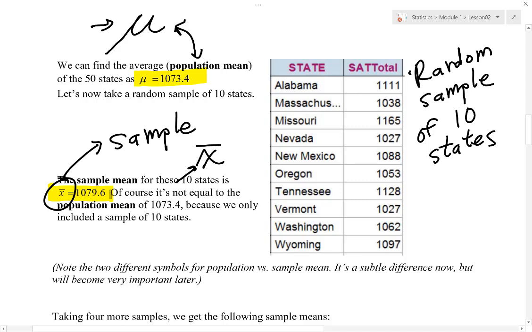Now, of course, it's not equal to 1073.4, and the reason it's different is because we're not adding up all 50 numbers. We're only adding up a sample of 10. So obviously that's going to result in two different numbers. We're dealing with different data sets. One is a population, one is a sample.